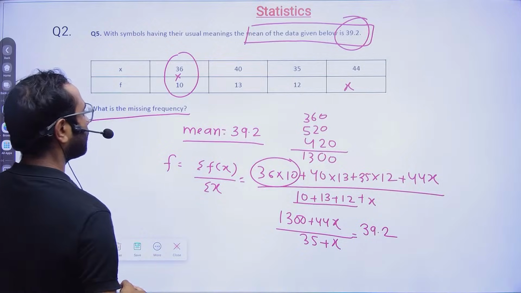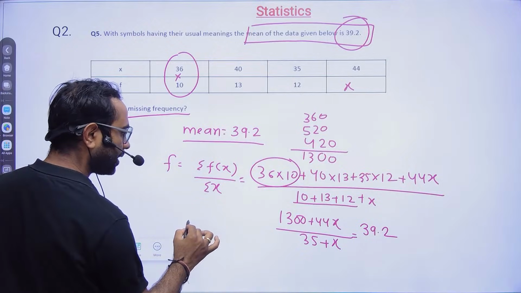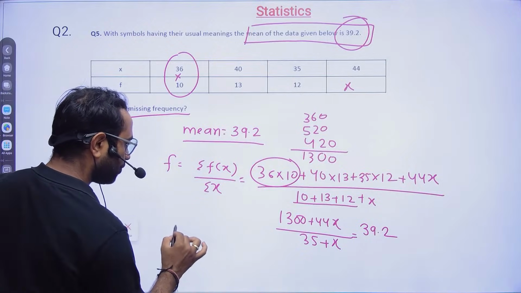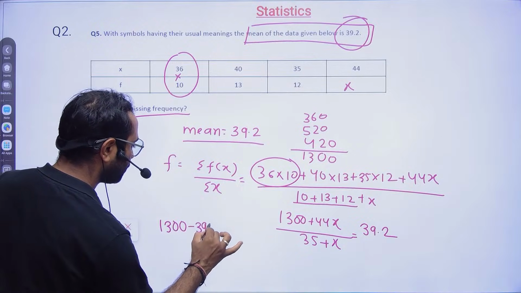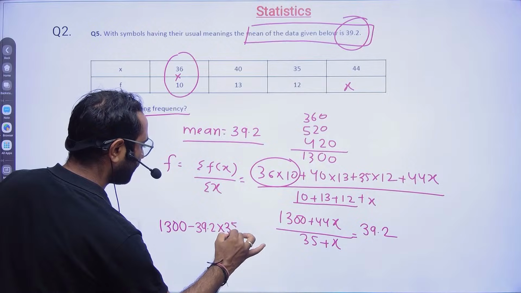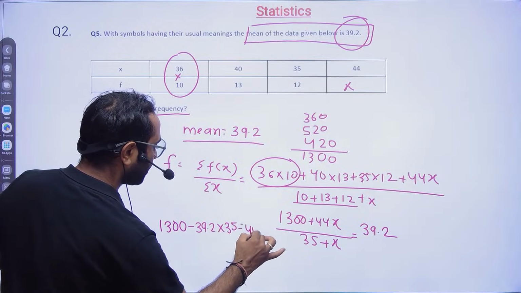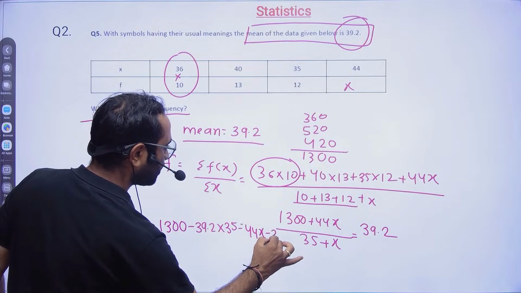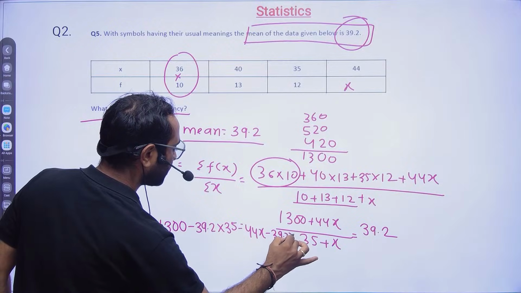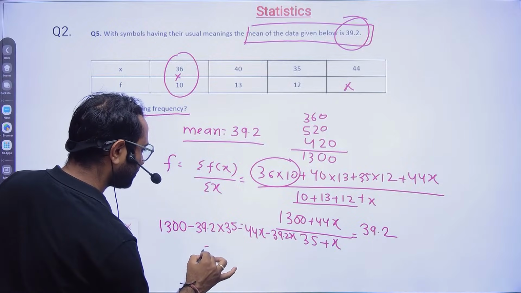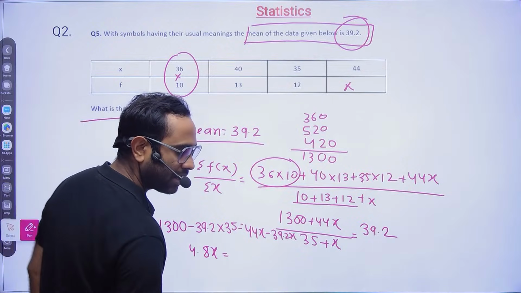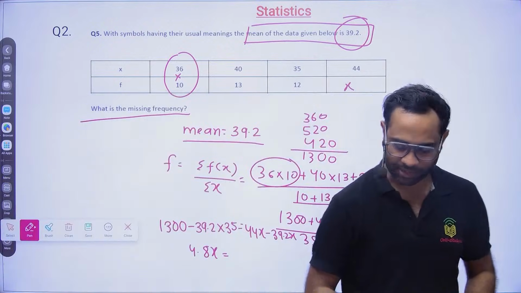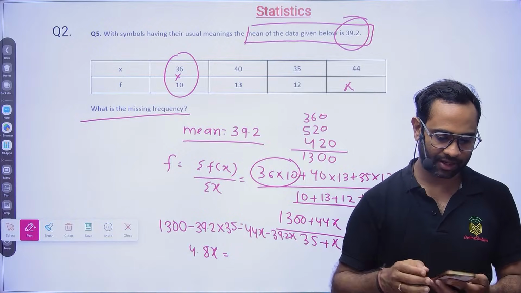If you solve, you tell me what will be the answer. So 1300 minus 39.2 into 35 will be equal to 44x minus 39.2x. So it will be 4.8x equal to some value. So can you tell me what will be the answer here?